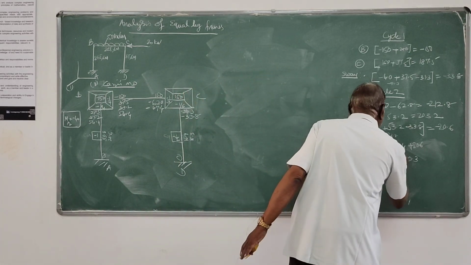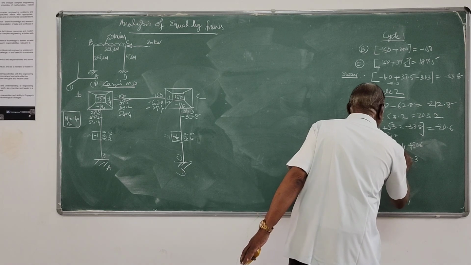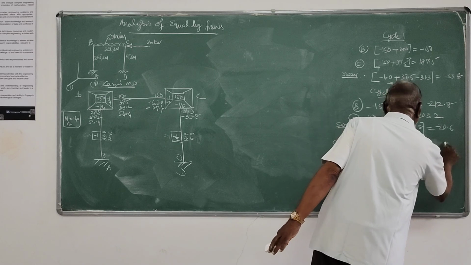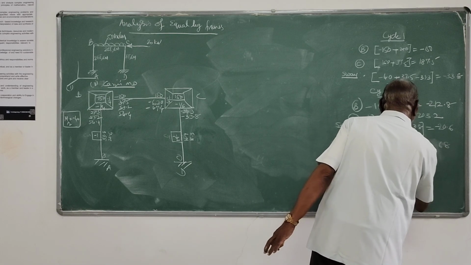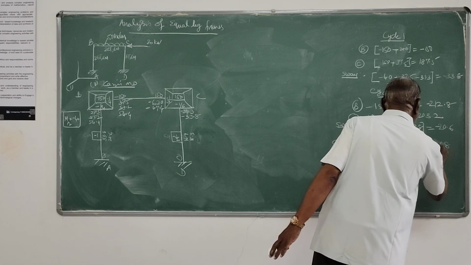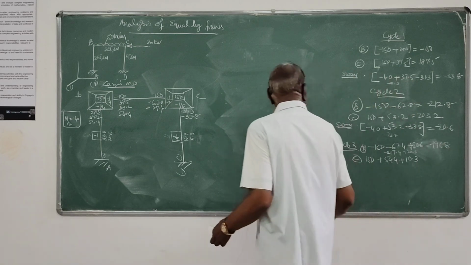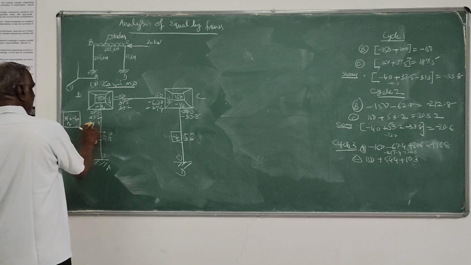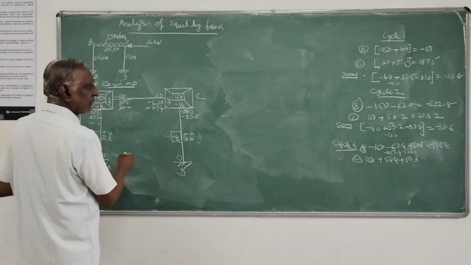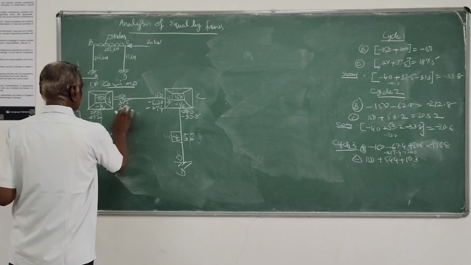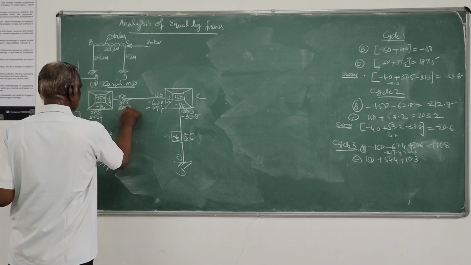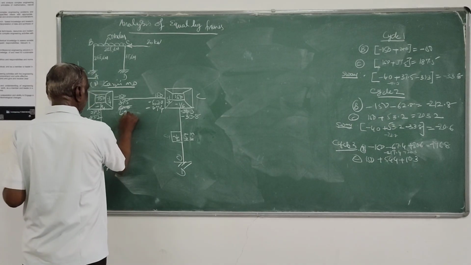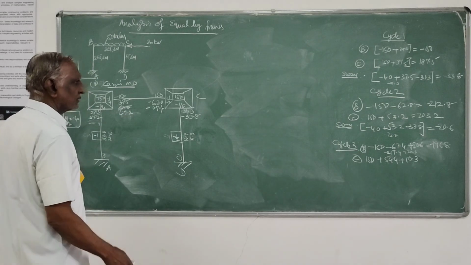This particular sum comes to 217.4 plus 20.6, which comes to 238, multiplied by minus 1 by 4, you will get 49.2.